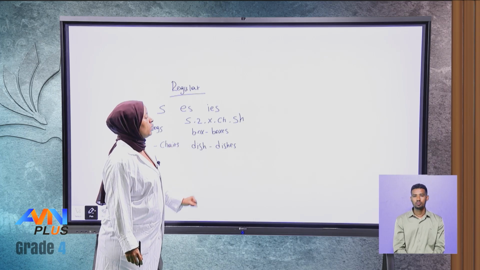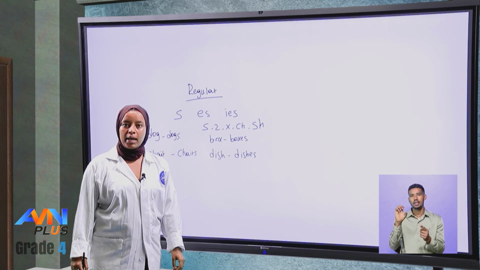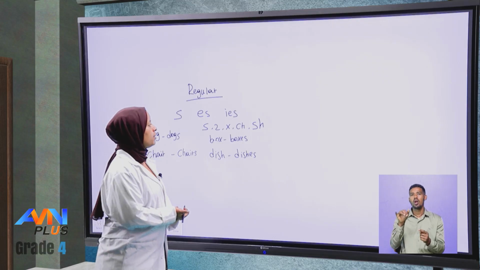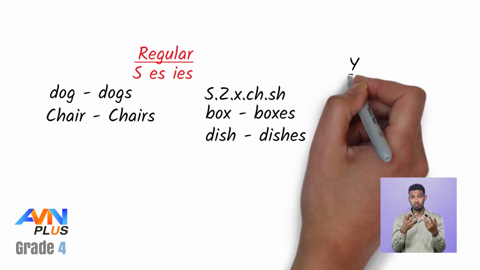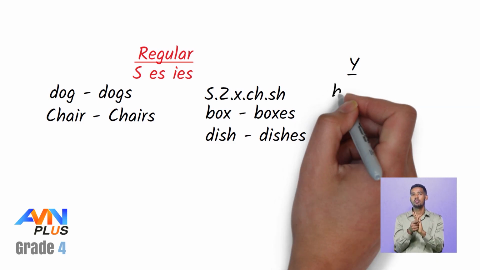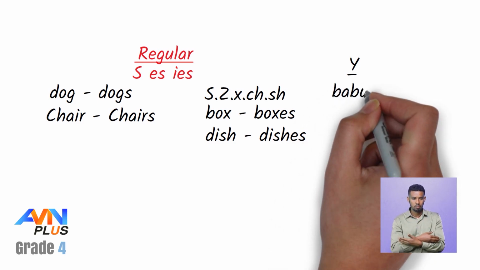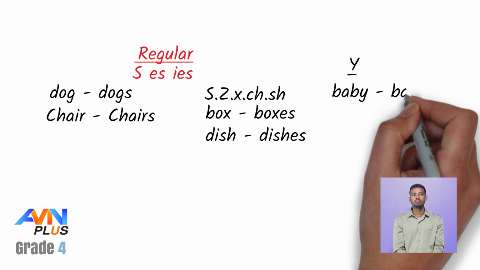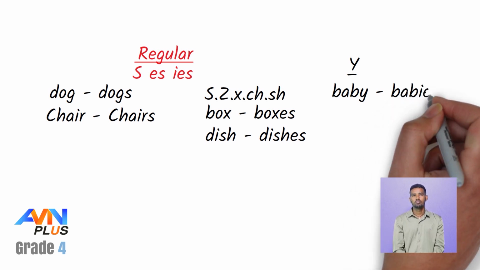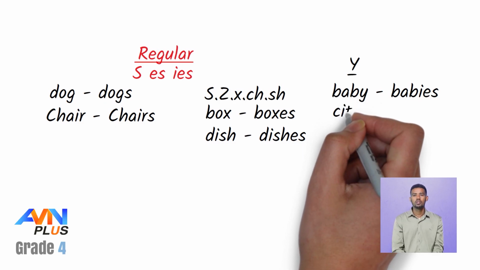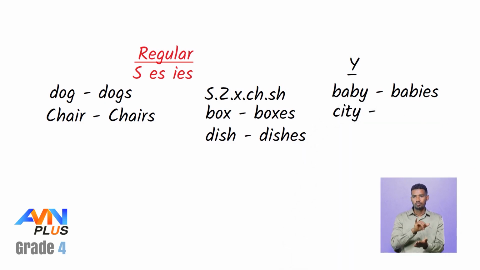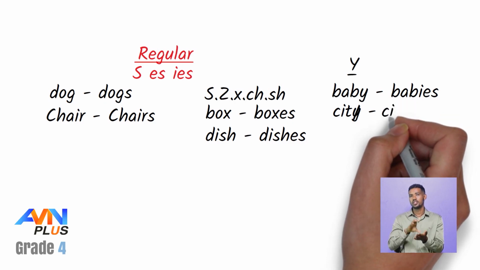When we come to IES, cancel y and add ies. It is for nouns ending with y. For example, baby, babies. Country, city, cancel y and make it cities.